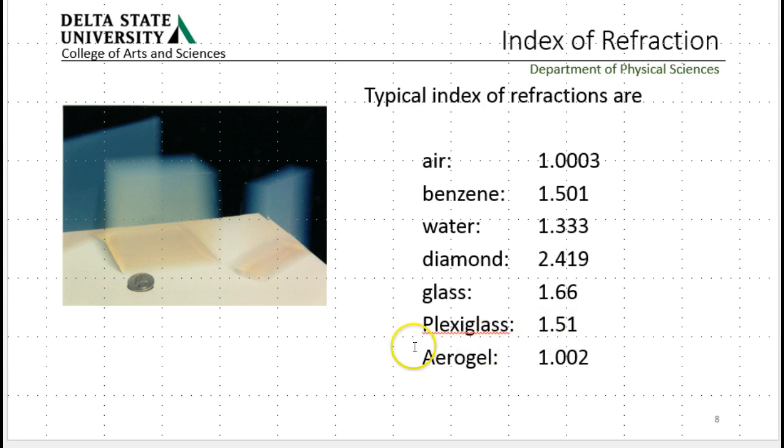It's an artificial material called aerogel. Aerogel is very close to being like air, right? And what I have picked here is a picture of some aerogel. If it wasn't for the fact that it's slightly opaque, aerogel is very hard to actually see.